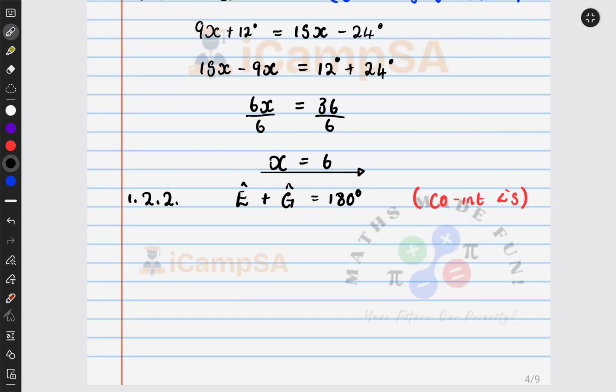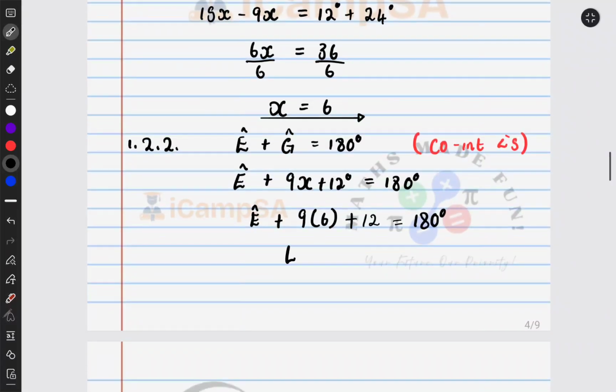Okay, and then from there we know that angle E is the one that we are looking for, plus angle G, which is 9x plus 12 degrees, is equal to 180 degrees. Now let's substitute 6 in place of x, because we know that x is equal to 6. So 9 times 6 plus 12 is equal to 180 degrees.